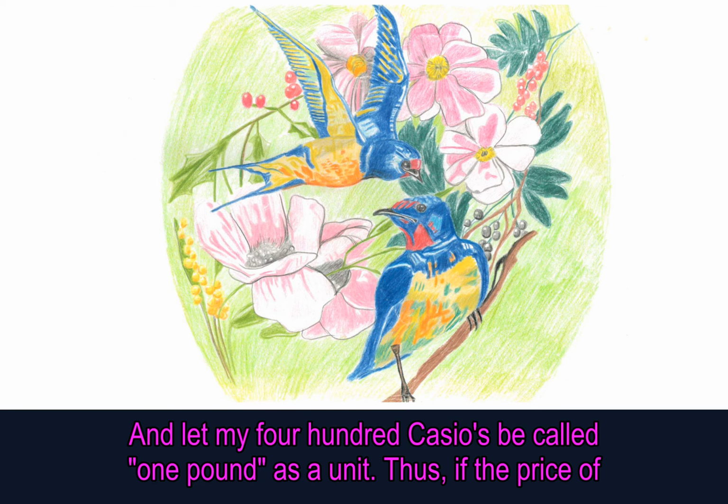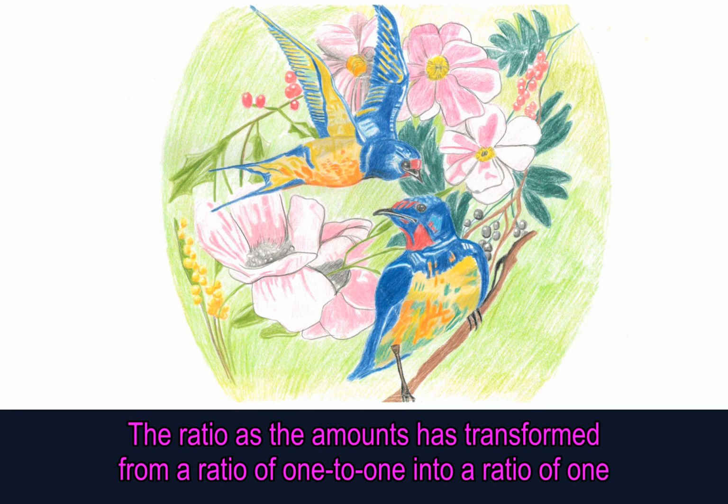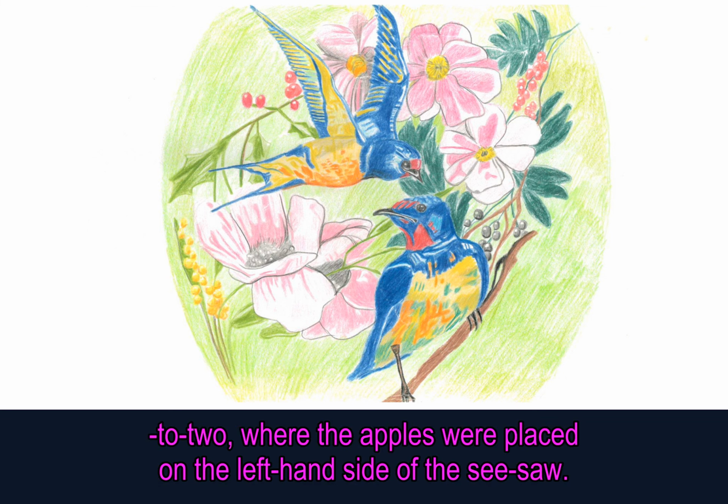Thus, if the price of your 10 apples doubles, it will now exchange by £2 of money. The ratio of the amounts has transformed from a ratio of 1 to 1 into a ratio of 1 to 2, where the apples were placed on the left-hand side of the seesaw.